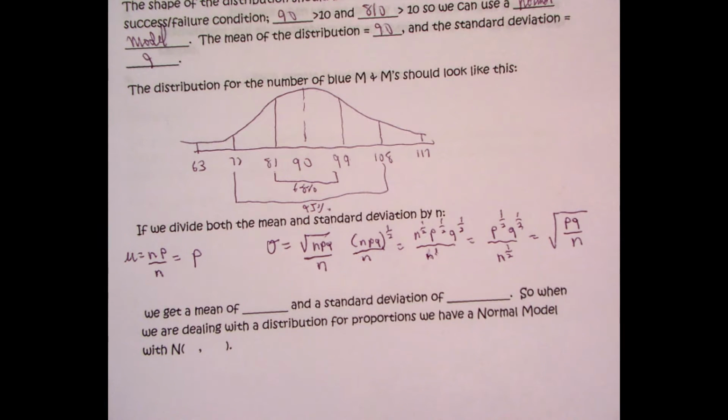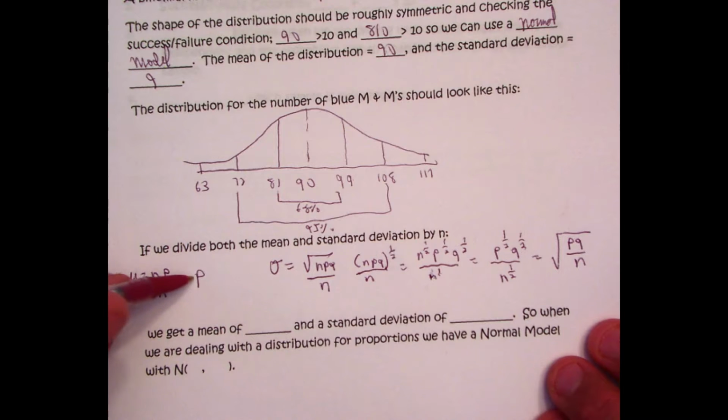So what we just did is we took our normal distribution for the number of occurrences in a binomial situation, and we converted it to the proportion of occurrences in a binomial situation. So in other words, what do we expect our proportion to be? What do we expect the mean to be?